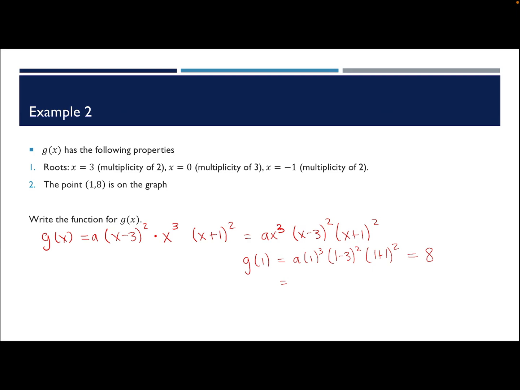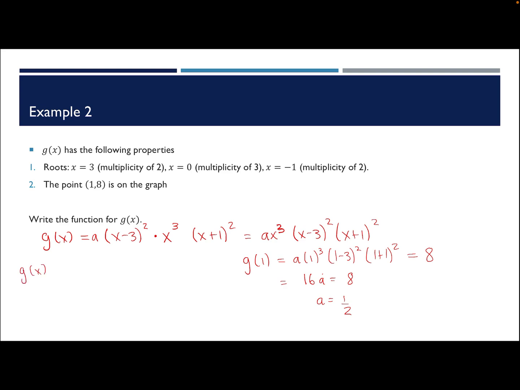If we simplify this, that's going to be 1 times negative 2 squared is 4, 2 squared is 4 again. So 4 times 4 is 16. So we get 16a equals 8. And so that implies a equals a half.